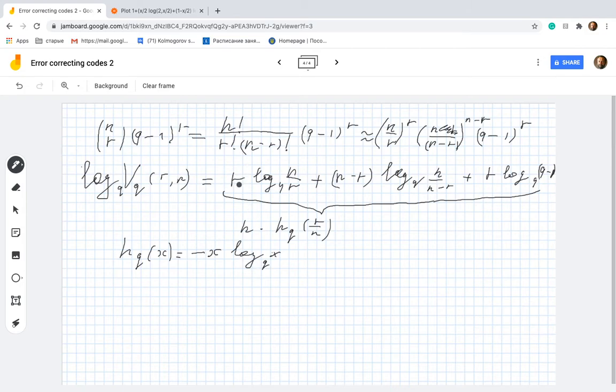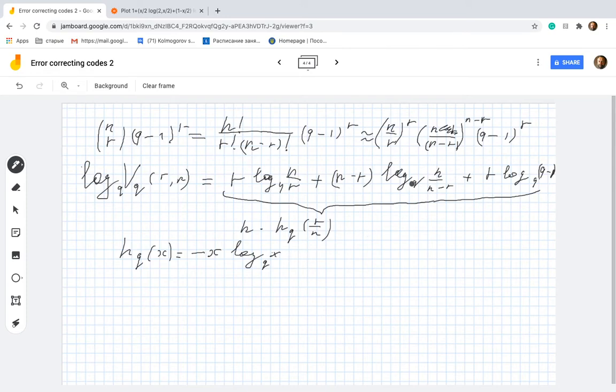If we divide this by n, we will have r over n log base q of r over n with a negative sign. So we exactly obtain this one if we plug in x equal to r over n for x and then multiply by n.